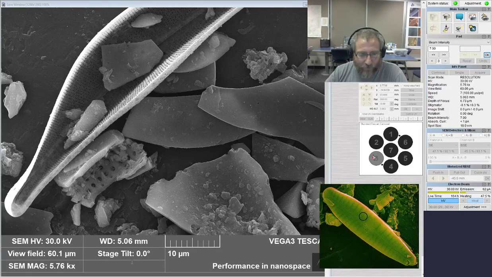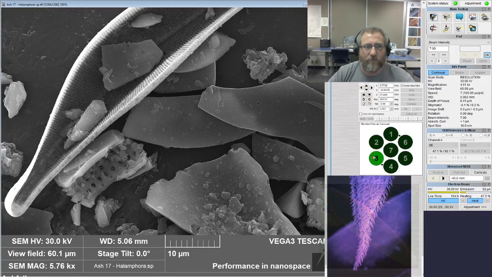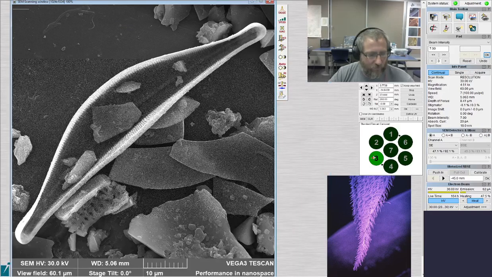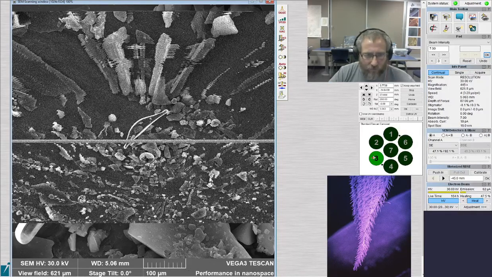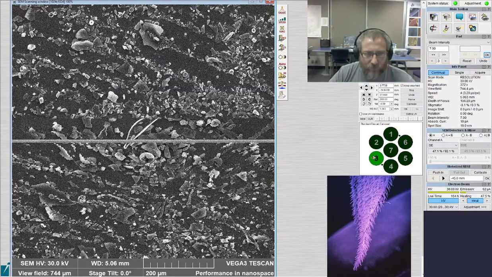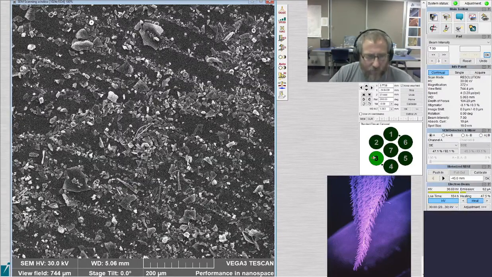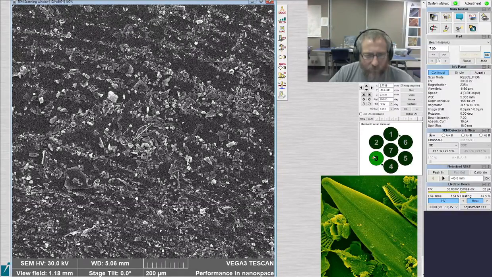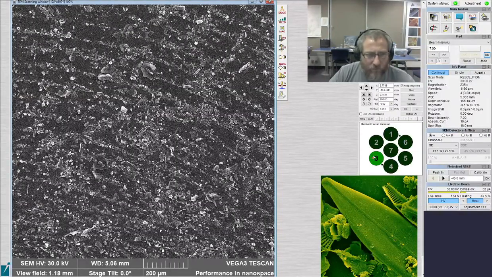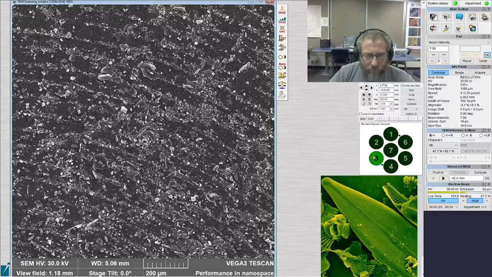I don't know. What do you think, Mark? Yeah, typically I'd say the most common thing that happens when they die is that the two valves separate, and you get two halves, like a Petri plate falling apart. But there are many times when, looking at a sample of sediment from the bottom of the lake, there are a lot of diatoms that are completely dead that look like a whole valve that's still put together.